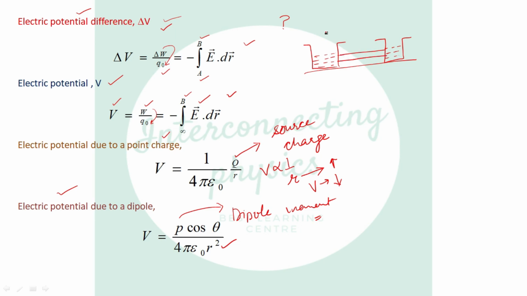Now you see, this is beaker A, this is beaker B. Is there any flow of water from A to B or B to A? No, because both beakers are at the same height and both beakers have equal amounts of water.